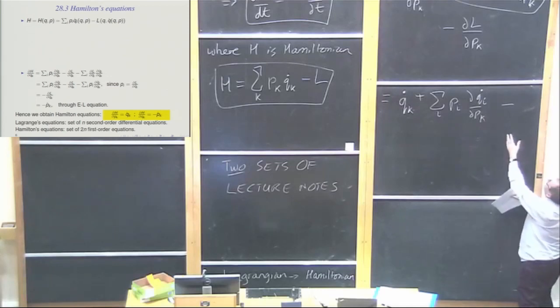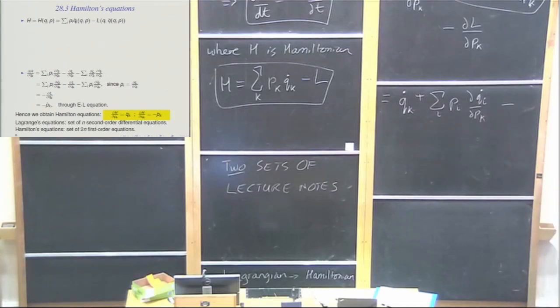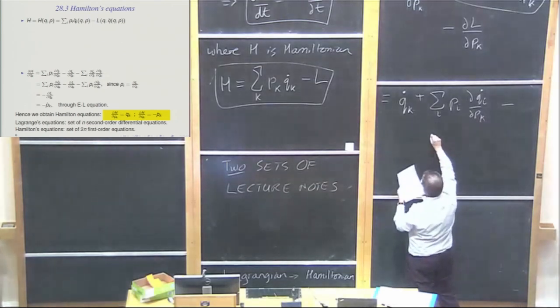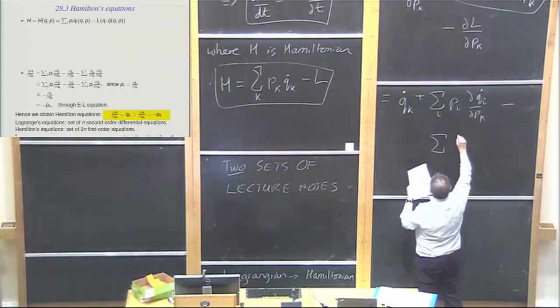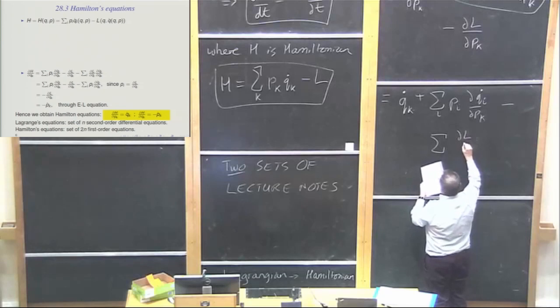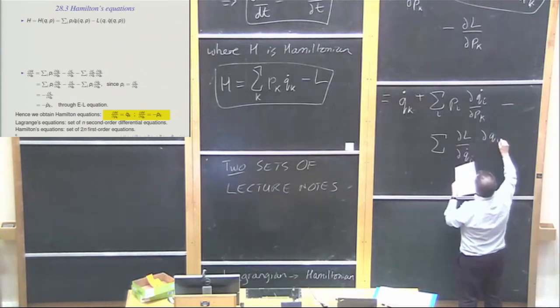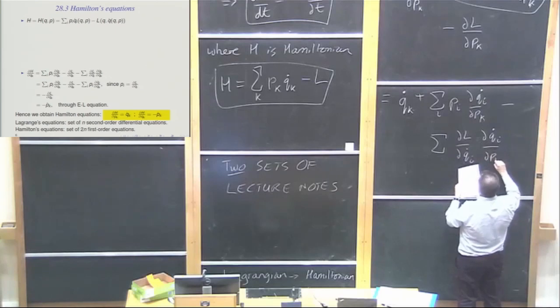The deal is that the Lagrangian is not explicitly dependent on p_k, it's explicitly dependent on q and q dot, but q dot can be a function of p, so that second term can be written as the sum over dL by dq_i dot times dq_i dot divided by dp_k.